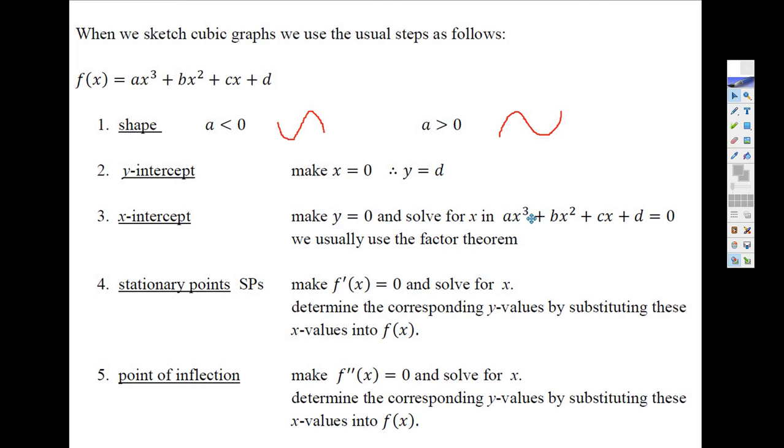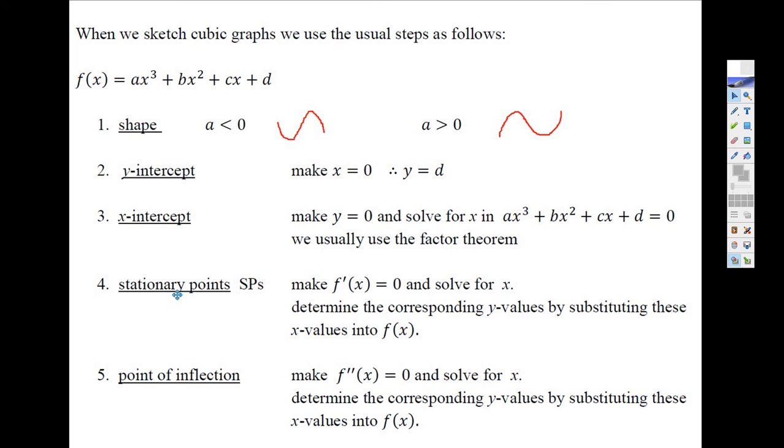You look for one number that might make this 0, and it's a factor of d, and you start with 1 or minus 1, and any small numbers that go into d, you try it, and if you find one that makes it 0, then x minus that number is a factor, and you can put a bracket down, and that's how you get started.